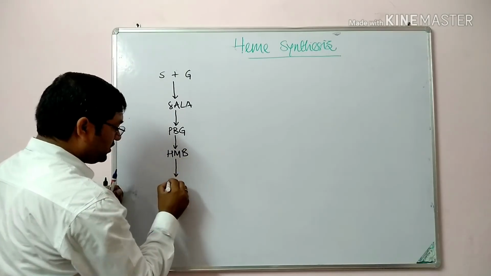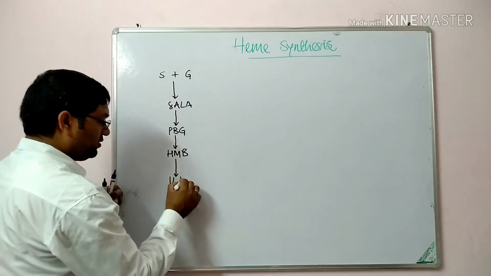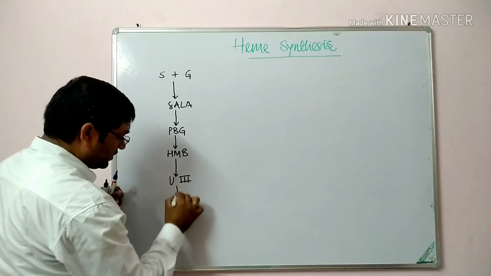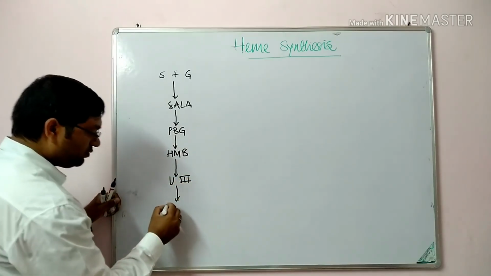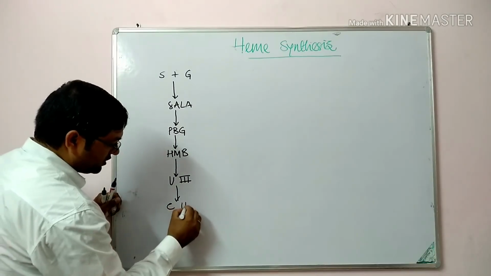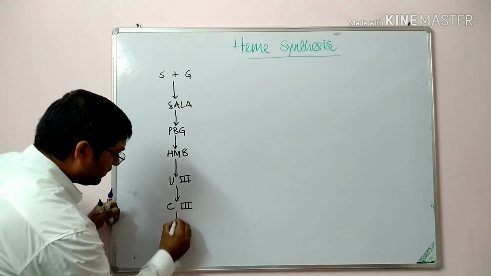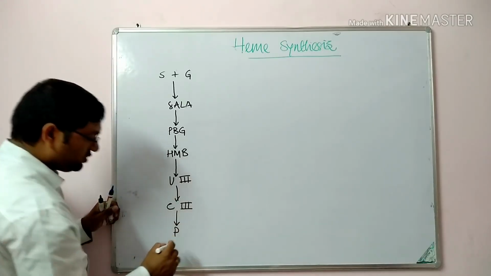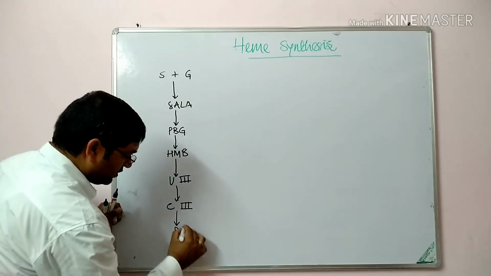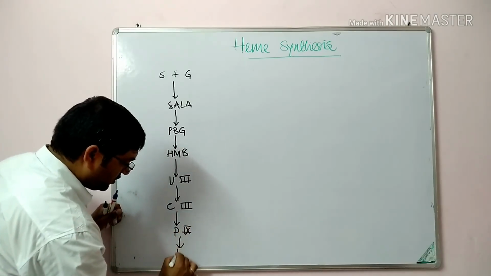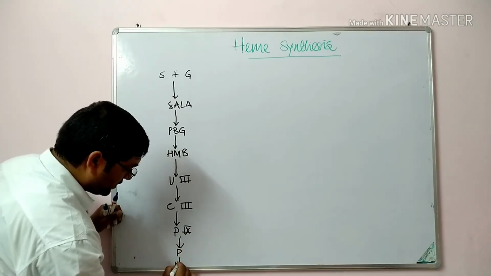Then it gets converted into uroporphyrinogen III. It gets converted into coproporphyrinogen III. Then it gets converted into protoporphyrinogen IX. It is converted into protoporphyrin and it gets converted into heme.